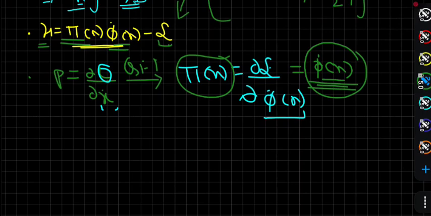Now we'll try to write the Hamiltonian. This Hamiltonian is nothing but, just put phi dot x as this formula, and you will get pi square x. And now I'm going to put in the Lagrangian.